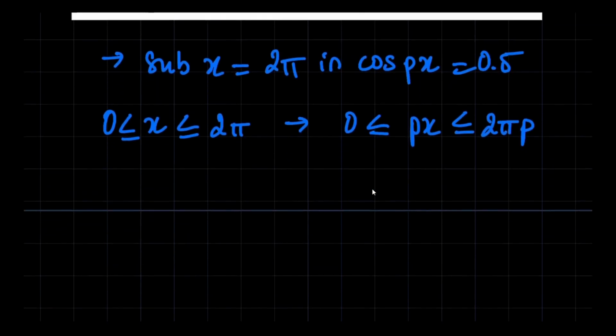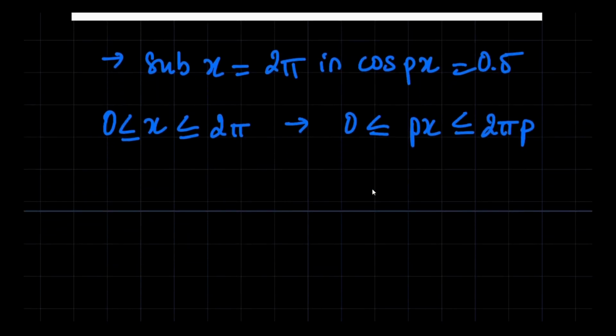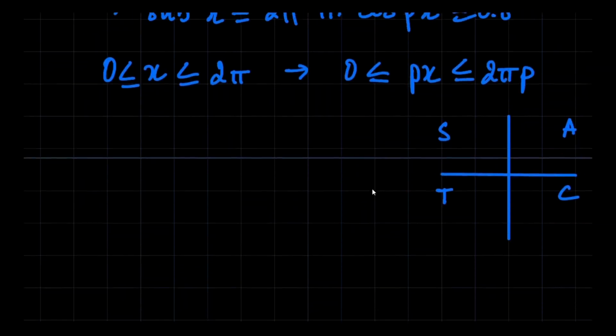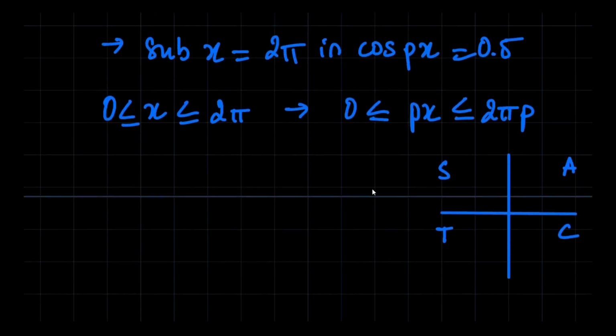Next, we consider where cosine equals 0.5. Let's draw a Cartesian plane here and recall our All Students Take Calculus rule. You can see that cosine is positive in quadrant 1 and quadrant 4. In quadrant 1, cosine equals 0.5 when the angle is pi on 3. So let's draw that here.